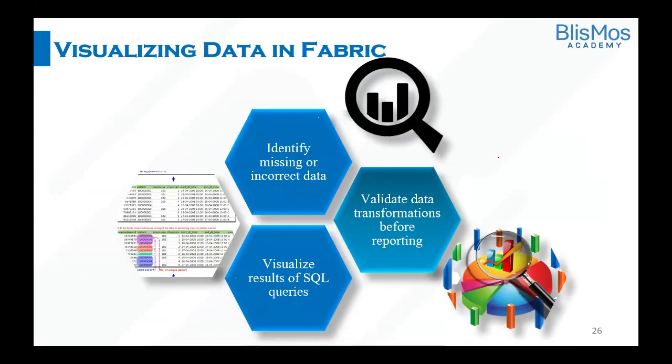Okay, once we are done with building the relationships and establishing the rules and then thinking about the measures, the last part is visualizing the data. Before you visualize the data, you also perform some things like identifying the missing or incorrect data, and you can also visualize the results of the SQL queries in the visualization of the data fabric, and also you can validate the transformations before reporting.